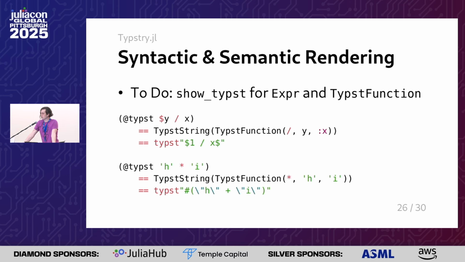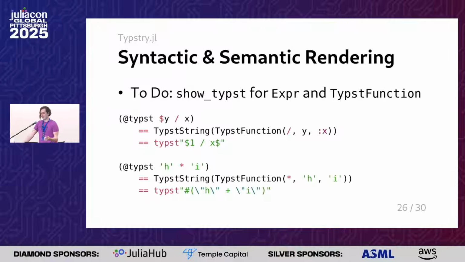And something that would probably take quite a bit more time is semantic rendering, and this could probably be called partial Julia-to-Typst transpilation, because if we're lowering to this Typst function and providing it with the parameters, if we implement the show Typst method that corresponds to that, then we have semantic information as well.